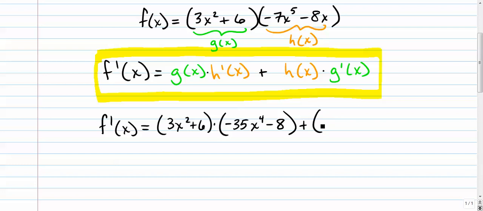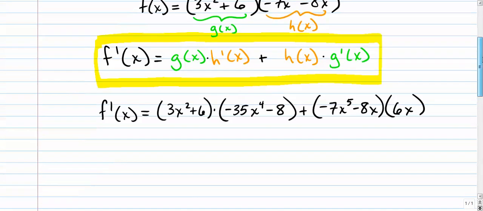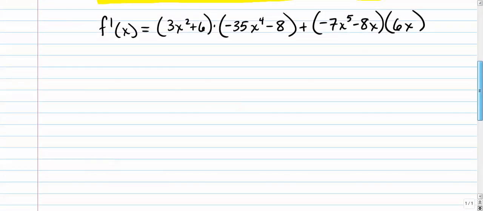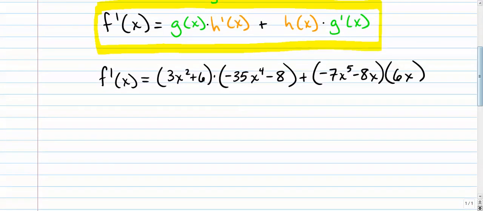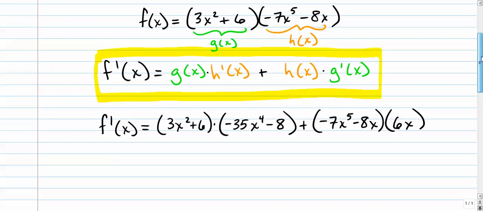Big plus sign. I'm going to write h without changing it times g prime. So the derivative of the first one. Power rule tells us 3 times 2 is 6, x to the first. And that's really it. You can simplify if you'd like to, but for our purposes, we're just going to leave it just like that. So the derivative of f of x is right here.